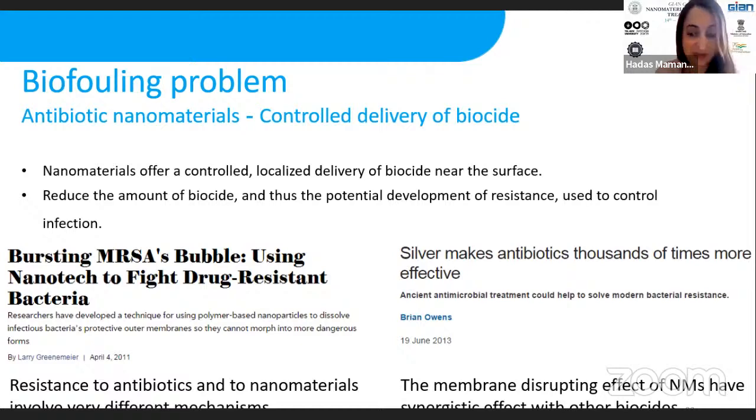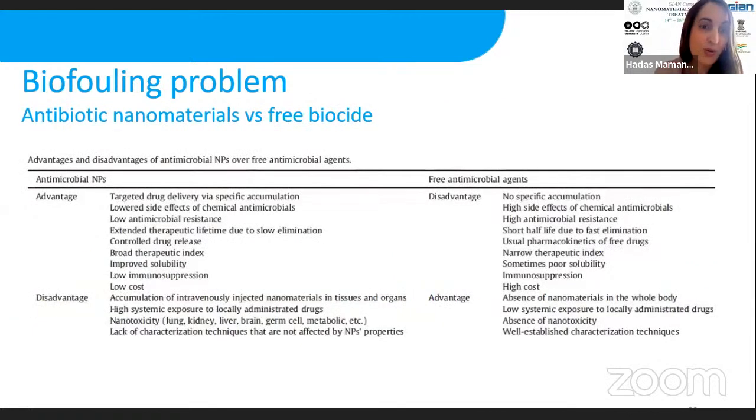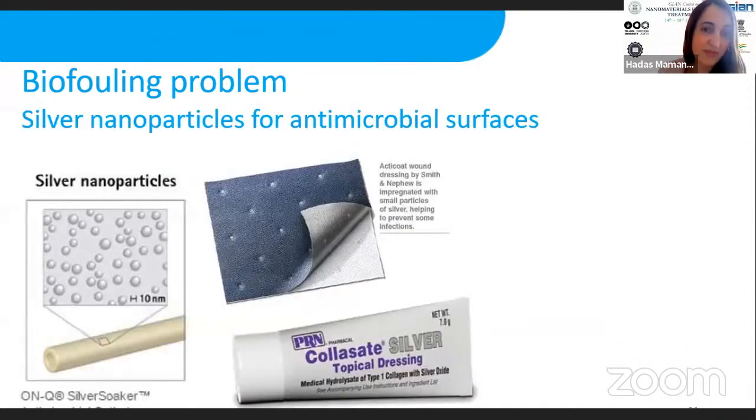We don't know this yet. So antibiotic nanomaterials versus free biocides, there are advantages and disadvantages. I'll not go over all of this, but just to make sure, the advantages are targeted drug delivery. A disadvantage is accumulation of intravenously injected nanomaterials in tissues and organs, okay? It can result in nanotoxicity. So these could be advantages and disadvantages.